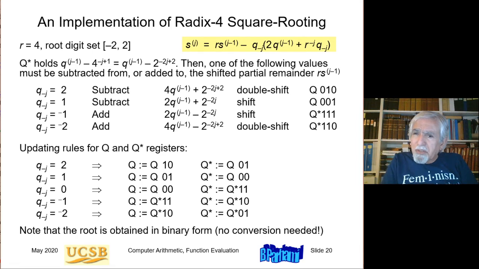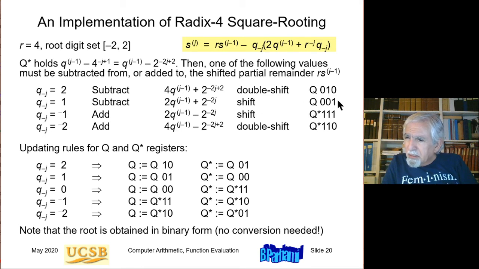So whenever I choose the quotient digit to be 2, I have to subtract this value, and that value is obtained by appending the contents of the Q register with 0, 1, 0. If I choose it to be 1, then I need to do this. I need to subtract this.